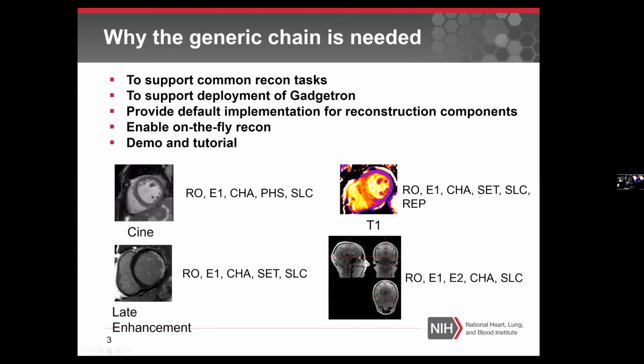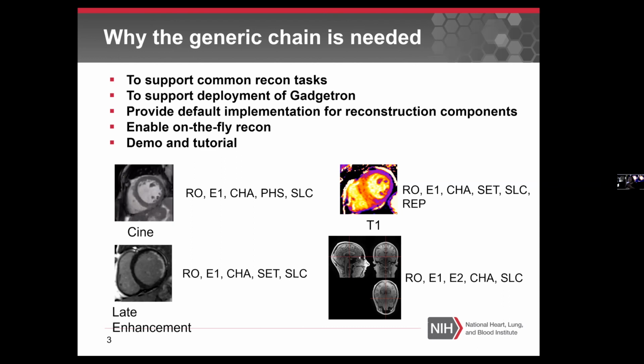Set may be a different image for a different T1 inversion recovery time, and rep may be repeating this acquisition several times, for example, free breathing T1 mapping. For the 3D case, we almost always use a second encoding dimension: RO, E1, E2, channel, slice. For other 3D applications, we can have other dimensions.